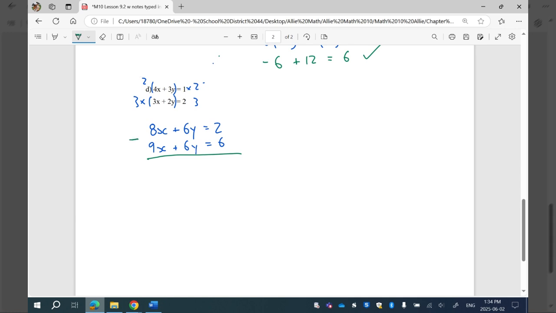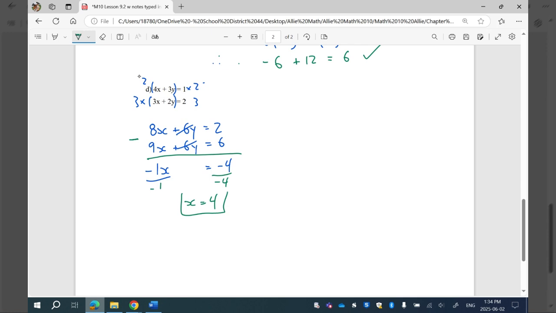And now we have 8 subtract 9, which leaves us with negative 1x. These cancel out, and 2 subtract 6 equals negative 4. Then we divide by negative 1, divide by negative 1, and x equals 4.